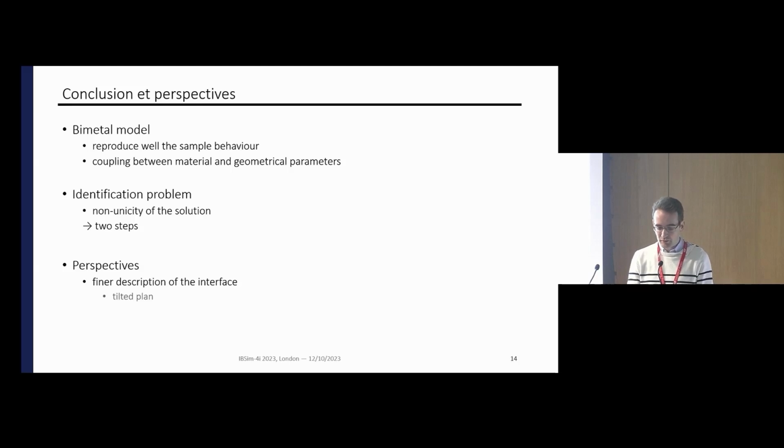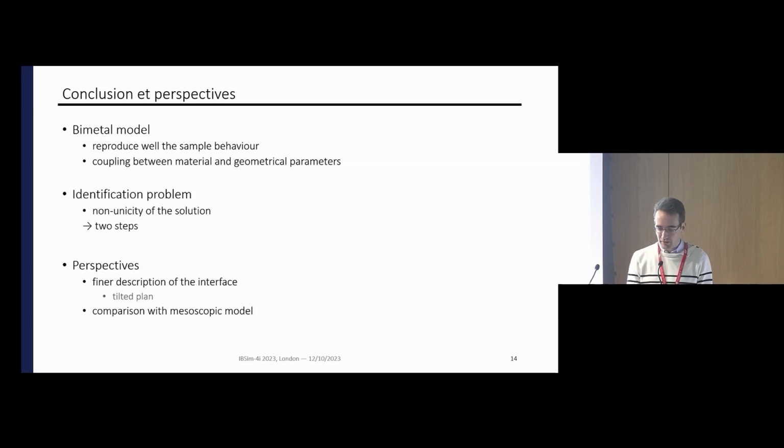And in terms of perspective, the main objective is to use this same kind of approach on parts that are typically modeled by Safran using this kind of model with microscopic phases.